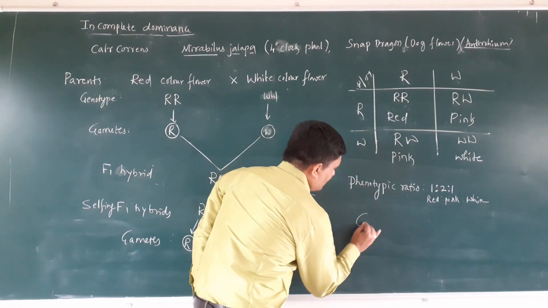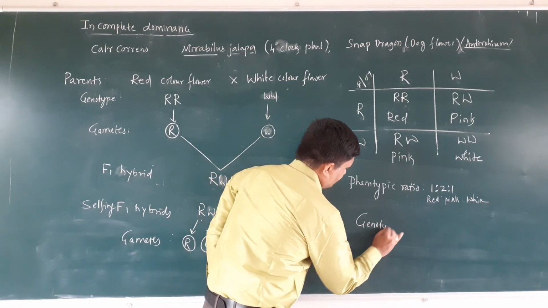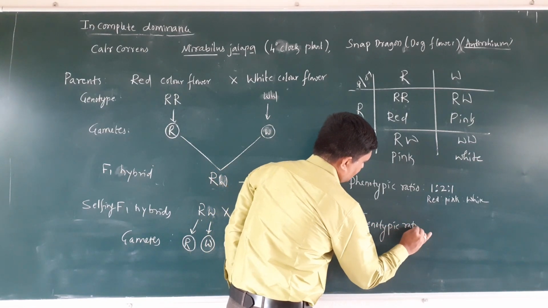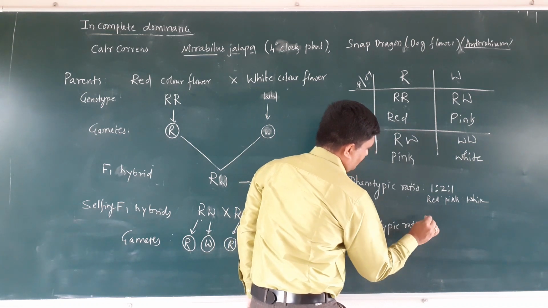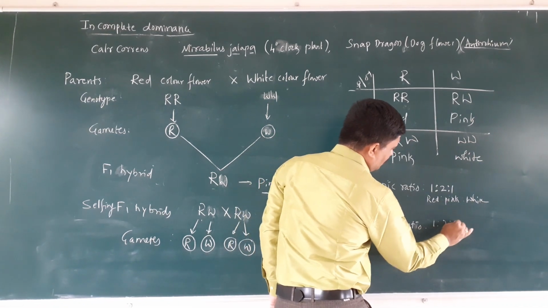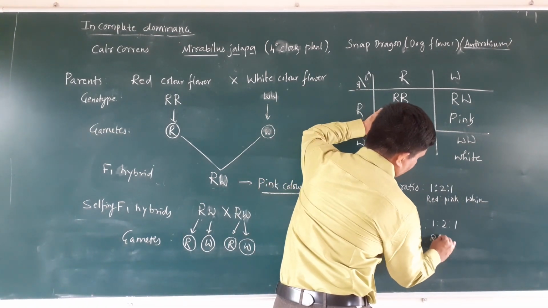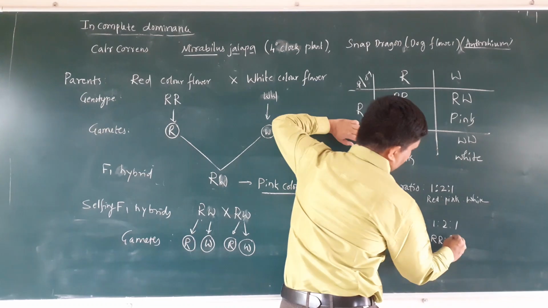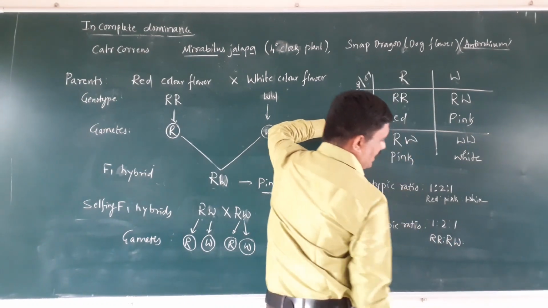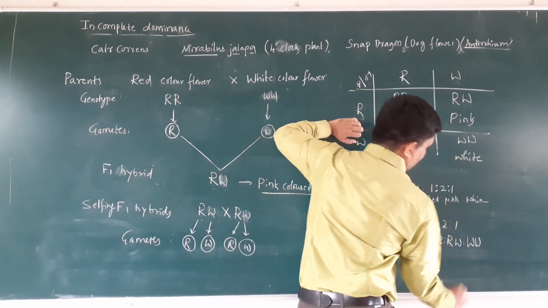Then we move on to the genotypic ratio. It is also 1:2:1. See, RR is the first genotype, RW is the second type of genotype, WW is the third type of genotype.